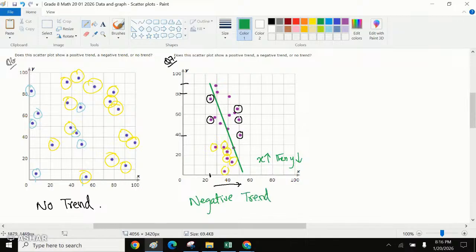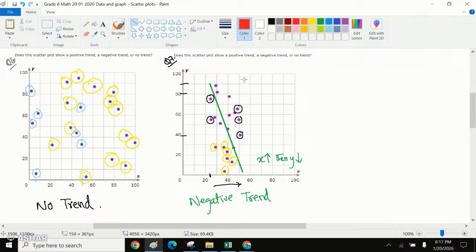Sometimes the answer would be very obvious, but sometimes you would need to study the graph. Okay. Why can't it be an increasing trend, right? I'll give you an answer for that. Because for this value of x, there's no value over here, right?